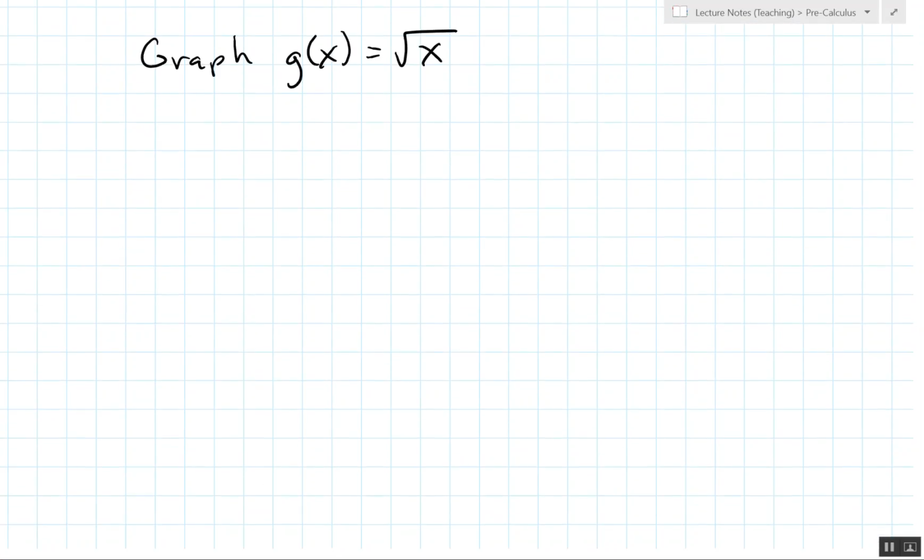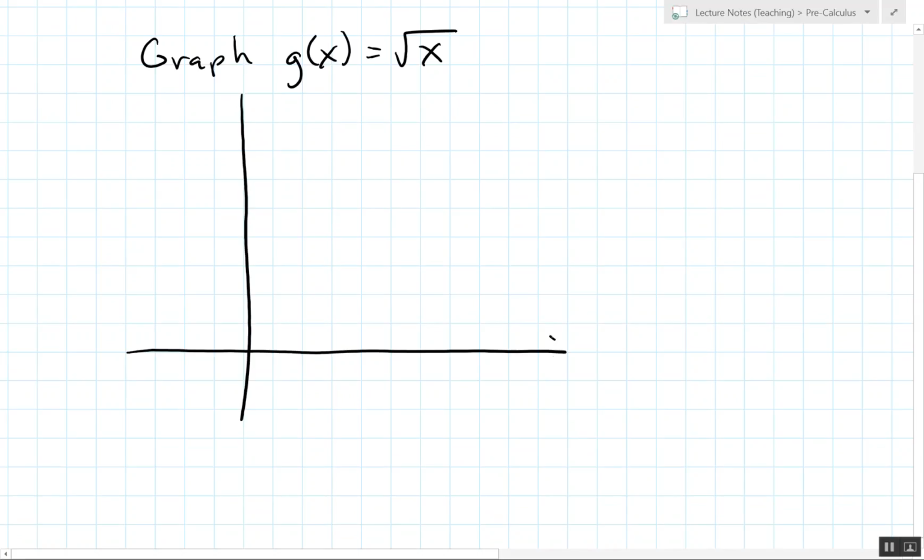We know what the square root function looks like. So let's bring that down. We'll graph this. We'll have a point at 0, 0, a point at 1, 1, a point at 4, 2, and a point at 9, 3. So this is the graph of the square root function, and this is one of the ones you should know.